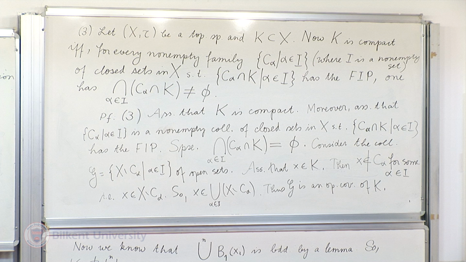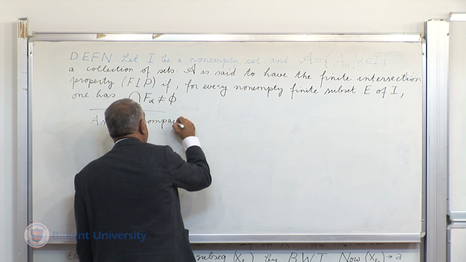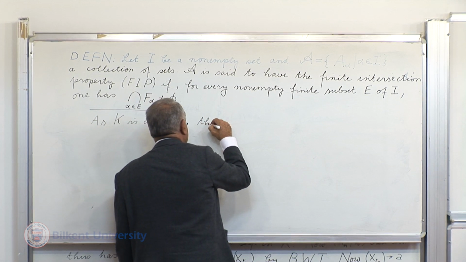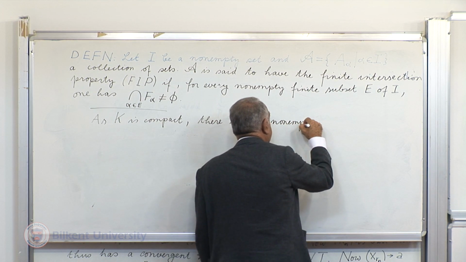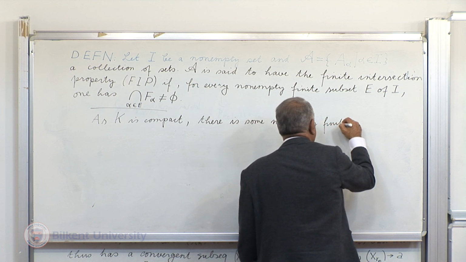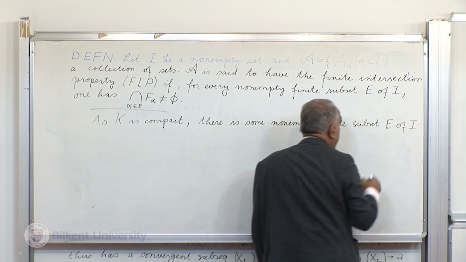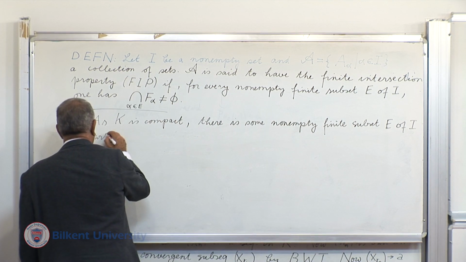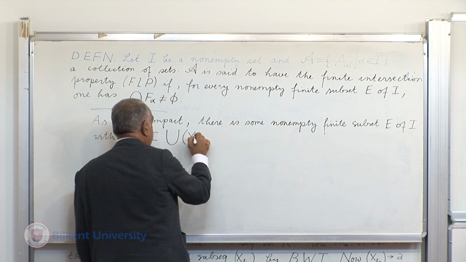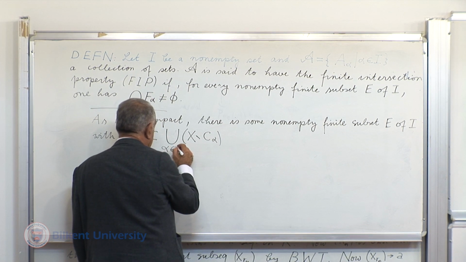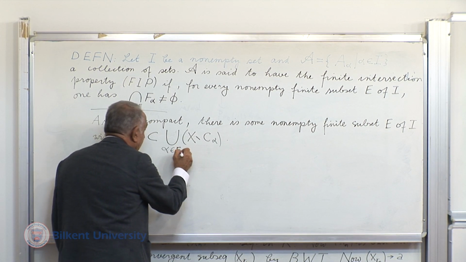Since K is compact, there is some non-empty finite subset E of I with K contained in the union of X minus C alphas, alpha in E. So that's crucial.